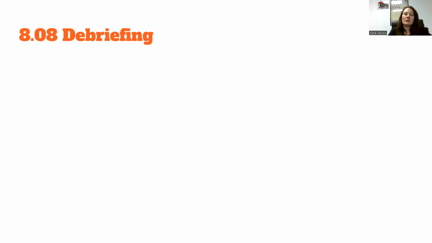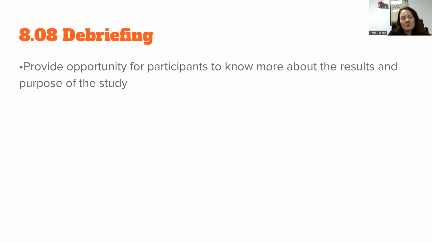Which brings us to 8.08, debriefing. This is kind of like a little thing at the end. If it's online research, it could be like a little summary at the end that participants see. This provides opportunity for participants to know more about the results and the purpose of the study. Sometimes you don't want that information to go out right away, and it might say, hey, this is a study. The results will be posted here at this time.